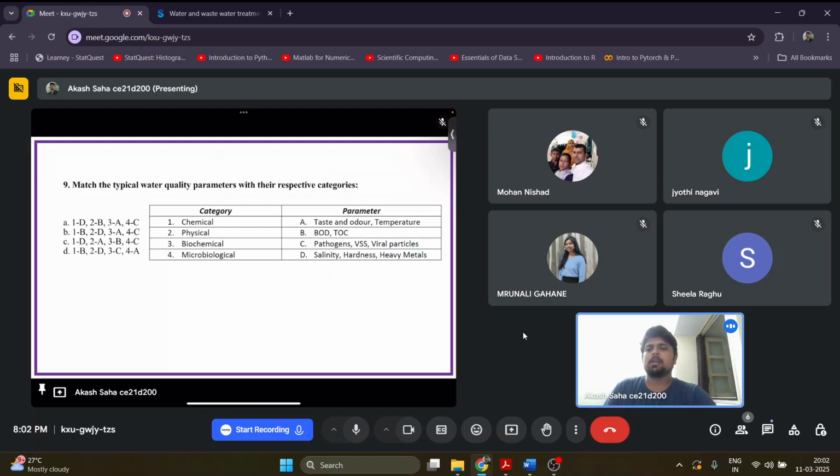Match the typical water quality parameters with the respective categories. So we have chemical, physical, biochemical, and microbiological categories, and some parameters are given.